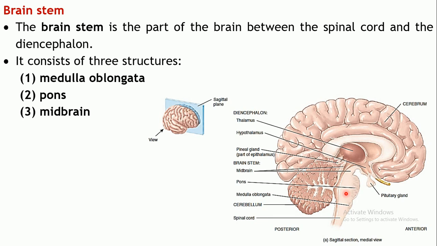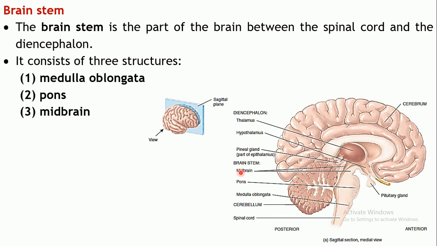Just inferior to the diencephalon and superior to the spinal cord lies the brain stem, and it is divided into three structures. The inferior most part is the medulla oblongata, or simply medulla. The middle portion is the pons, and the superior portion is the midbrain.